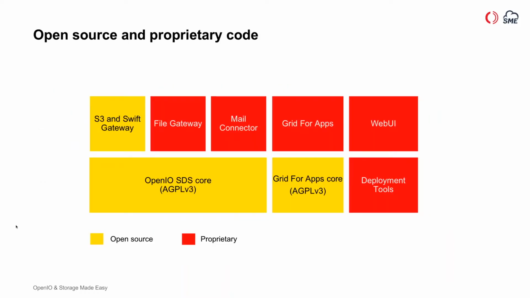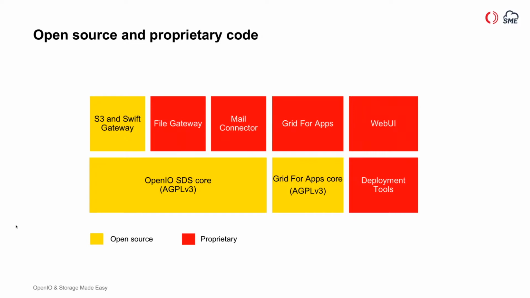So as I told you before, our software is open source. It means that the code is available on GitHub, as well as the packages, and the boxes in yellow are all open source code. You can download and install the software for free on any x86 platform and ARM computers.